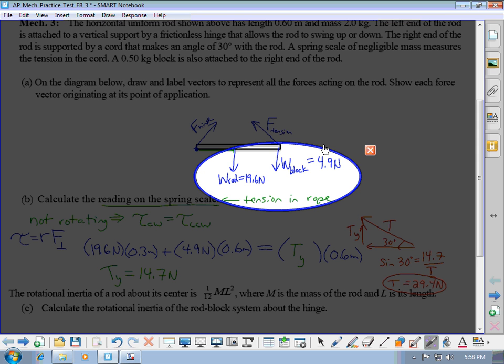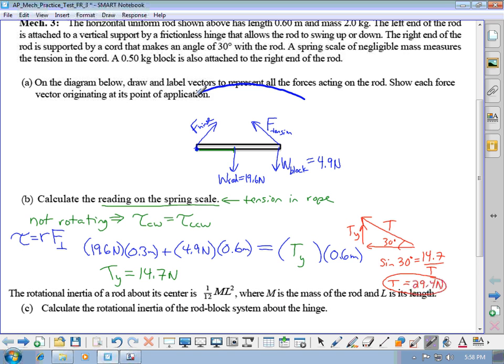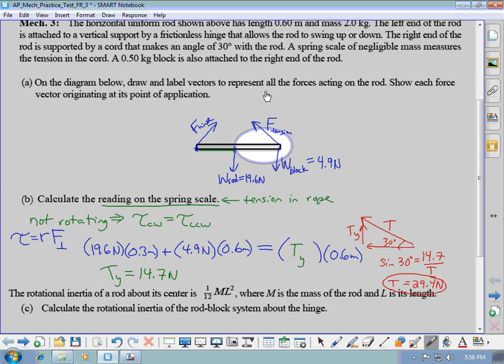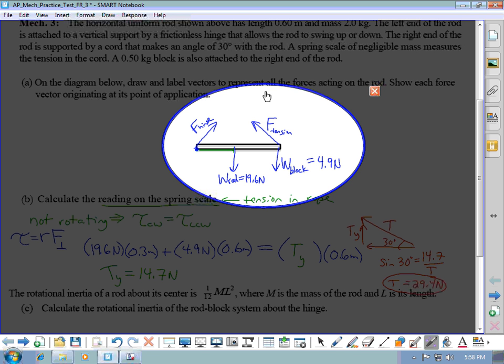Since the rod is not moving up or down at all, the total upward forces have to add up to equal the total downward forces. If there's 24.5 newtons acting downward, but only 14.7 newtons acting upwards due to the rope, that means the additional 9.8 newtons had to be acting up due to the hinge.